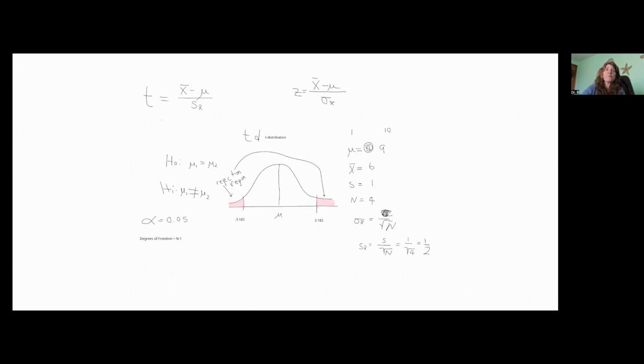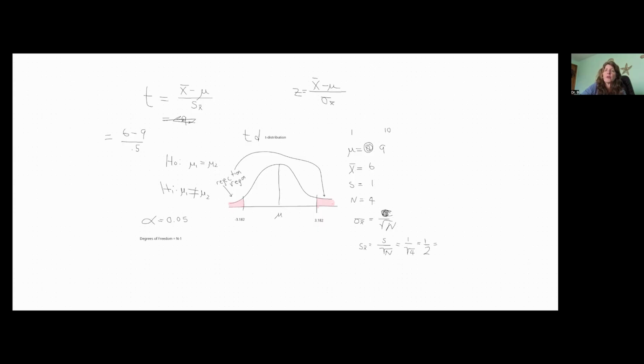So in our example, we have the mean is 6, mu equals 9, so 6 minus 9 divided by our standard error, which is 0.5, right? 1/2 equals 0.5.